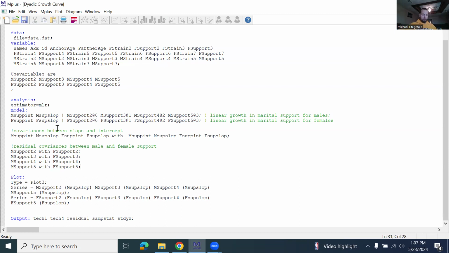Unlike the bivariate growth model, in many circumstances we are actually going to correlate the errors of the observed indicators across partners at each time point. So again, we're correlating the intercept and the slope, so where each dyad member is at time 1, as well as their trajectory. Those are going to be intercorrelated.